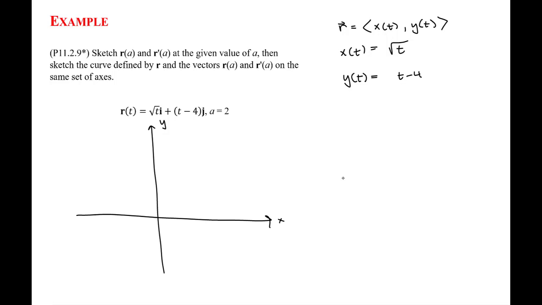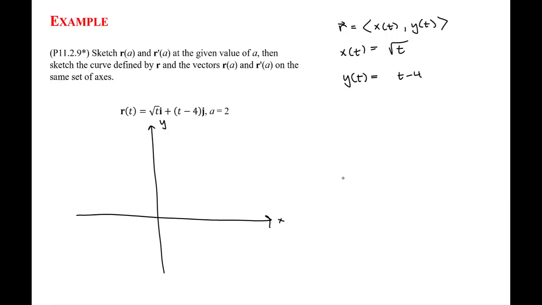Let's try to express one of our dependent variables in terms of the other. For example, maybe we could express x in terms of y, or perhaps it might be easier to express y in terms of x. The reason why I'm influenced to try to express one variable in terms of the other is that I see that y is a linear function of our parameter t.